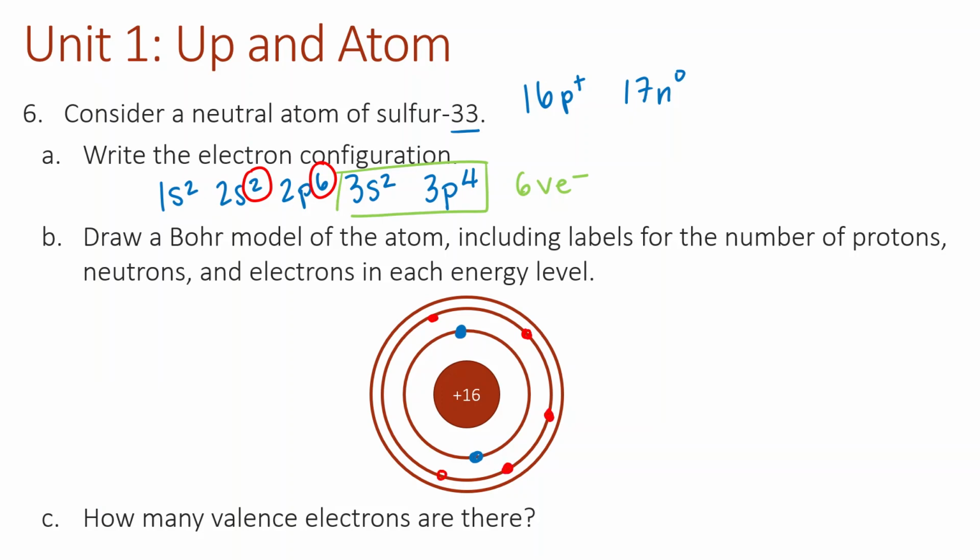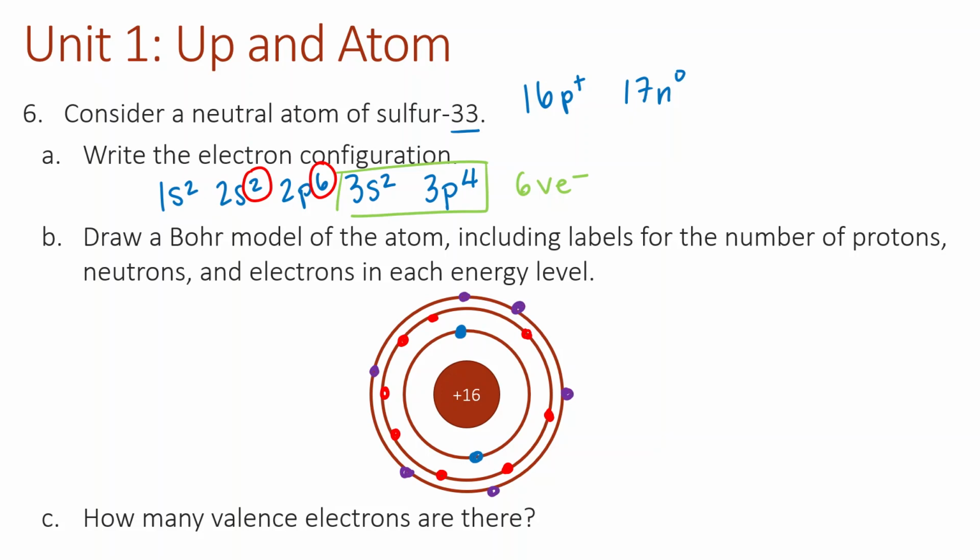So I'm just going to draw my 8 electrons. So 1, 2, 3, 4, 5, 6, 7, one more makes 8. And then my highest energy level, which is my 3s2, 3p4, has a total of 6 electrons. There's 1, 2, 3, 4, 5, and 6.